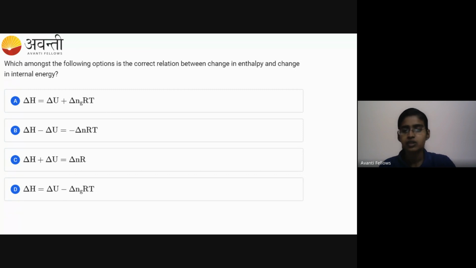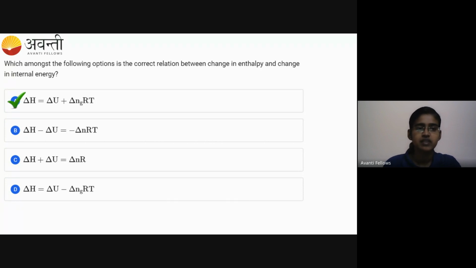Sorry for that. Which is the correct answer? Some of you have given me the answer in the chat box. I think some of you have said it is option A. Very good. No, option C is not the answer. Option A is the correct answer.